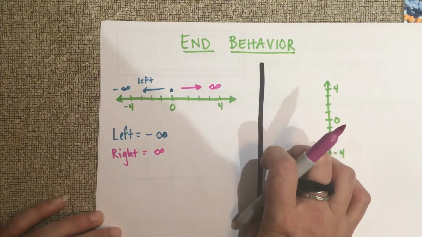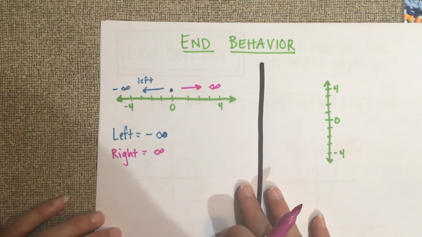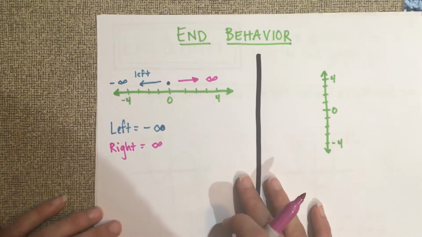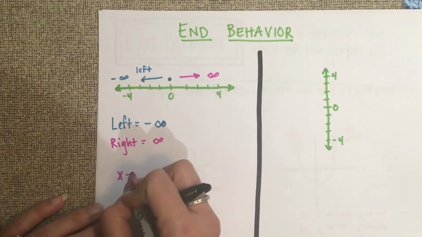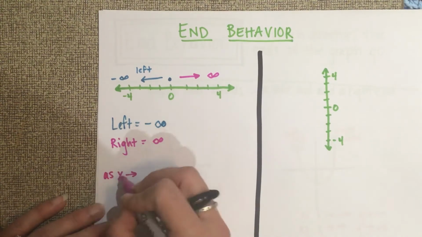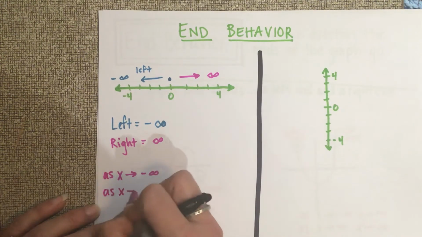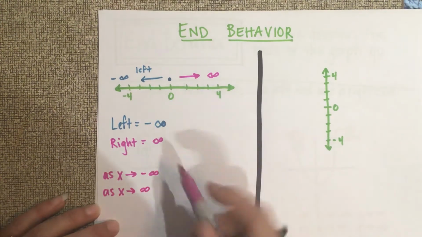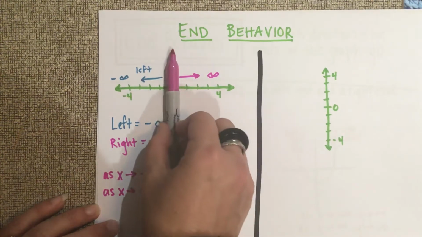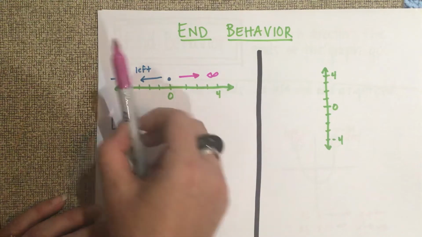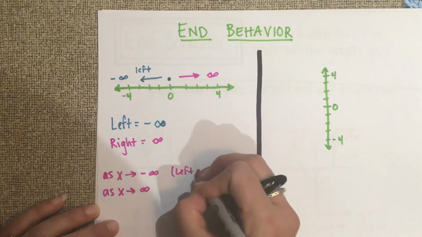Okay, so just think of it as a basic number line. So when we write this out, we always write it as x goes to negative infinity, and then as x goes to positive infinity. So as x goes to negative infinity, what we're talking about is this side, right? So all that means is we're talking about the left arrow, right?